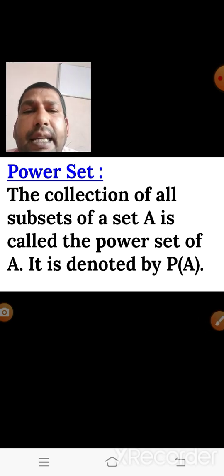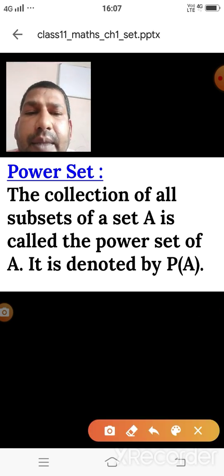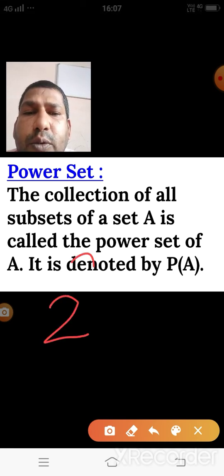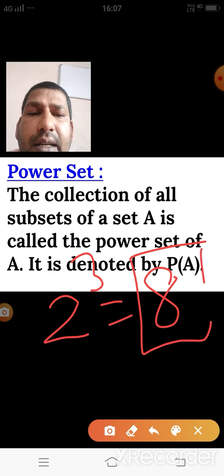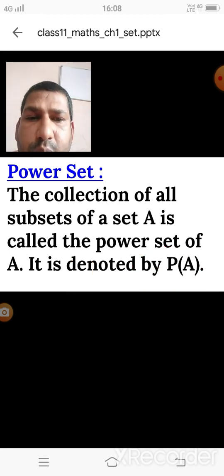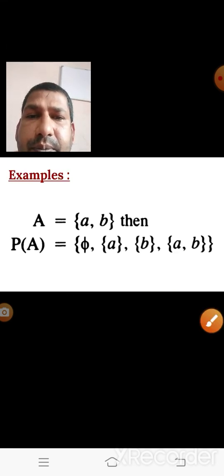And if you have 3 elements in the given set, then 2 raised to power 3, 8 elements you get as the elements of the power set of the given set. 2 raised to power n concept.